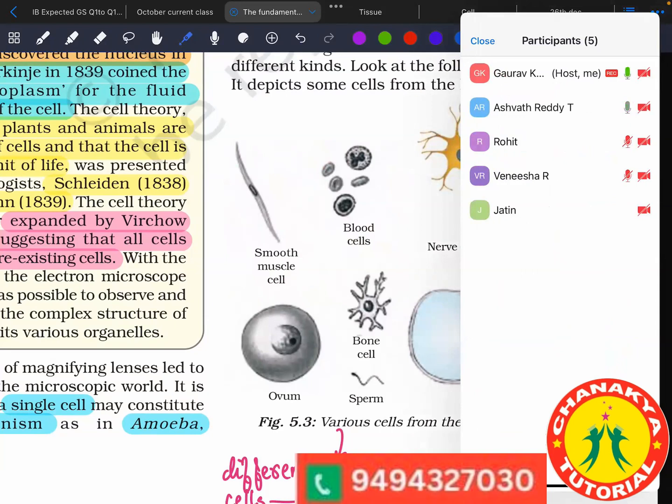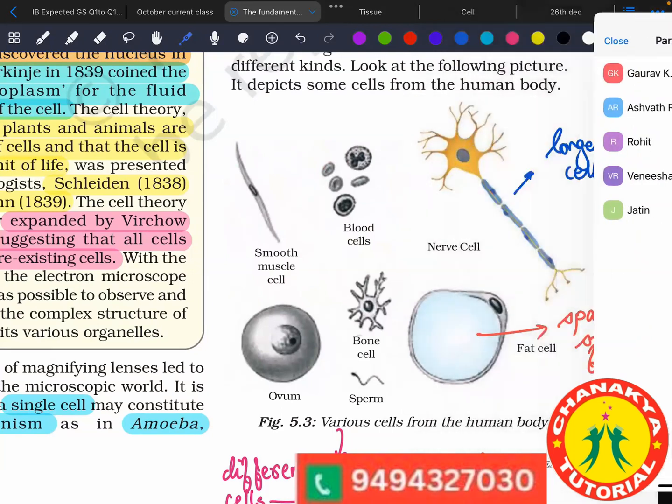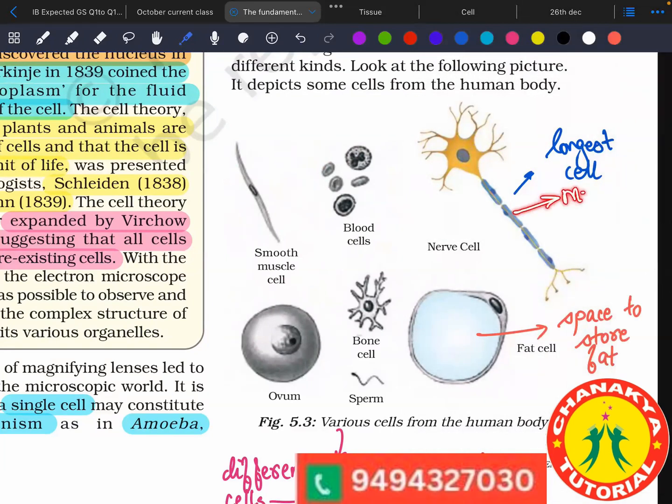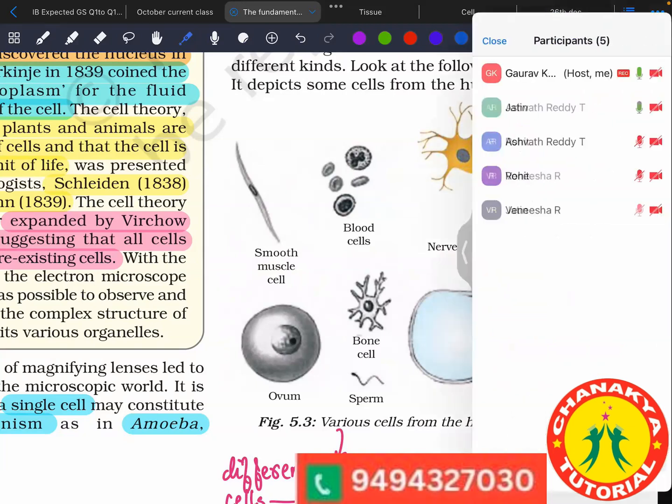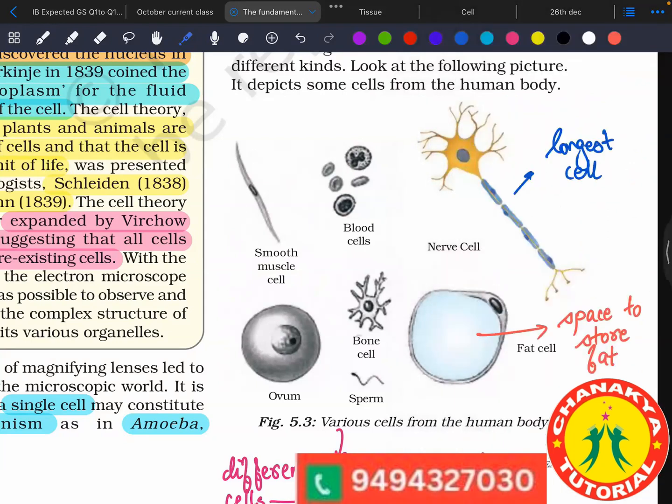Transfer electrical signals in the body. Very good. It acts like a messenger, transferring signals to our brain. So nerve cells are used to transfer signals to our brain.